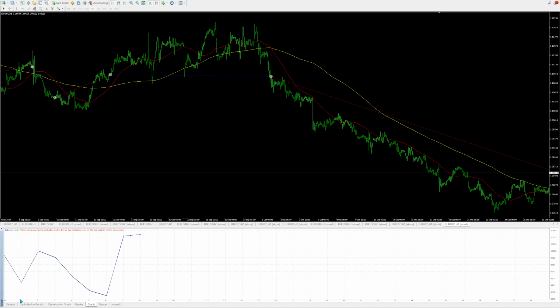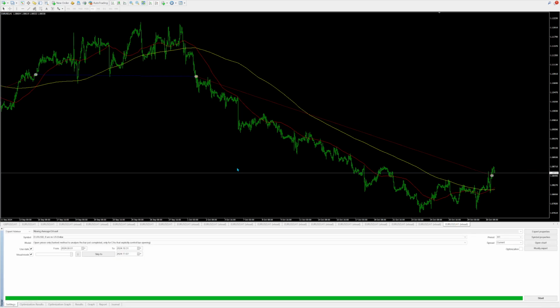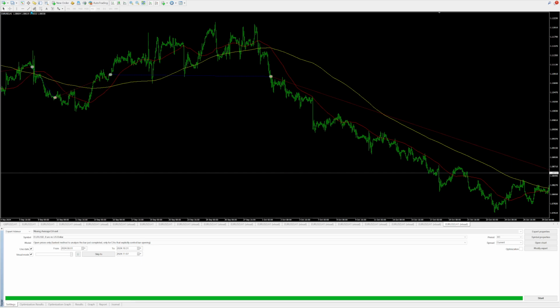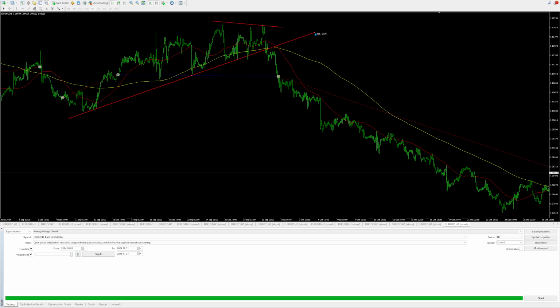It's not fantastic. It's just better, in my opinion, to do what we did earlier in the video. Don't be lazy. Draw your lines. Wait for your breakout and your trend to form, and then look to trade in the direction of the trend, whether that's using support and resistance, pullbacks.